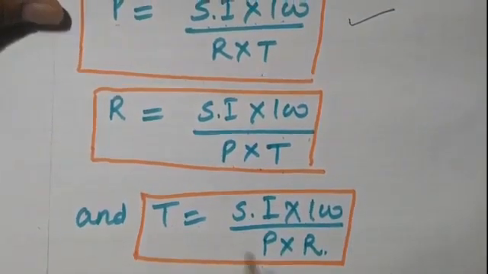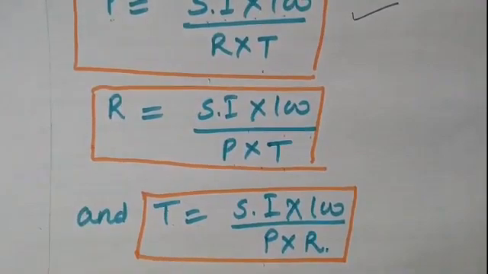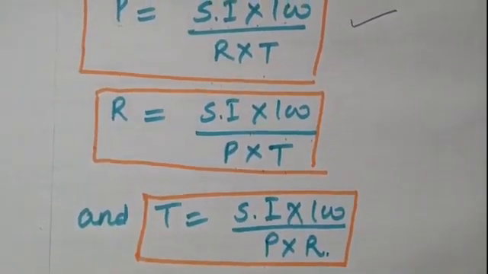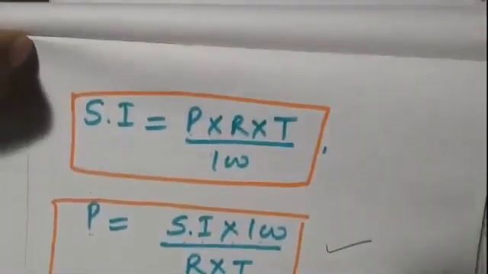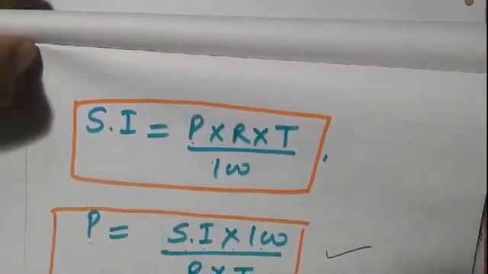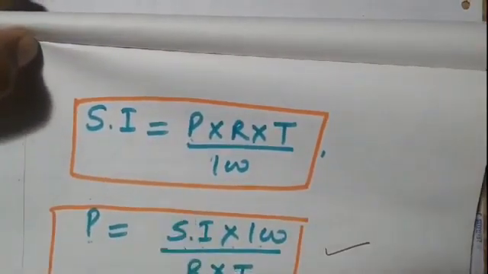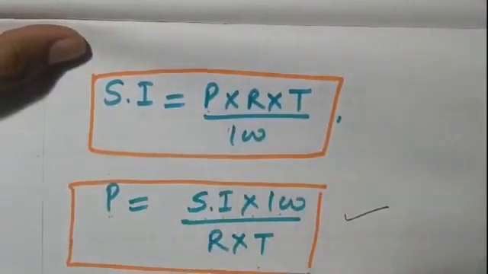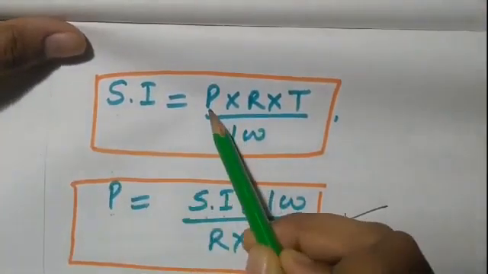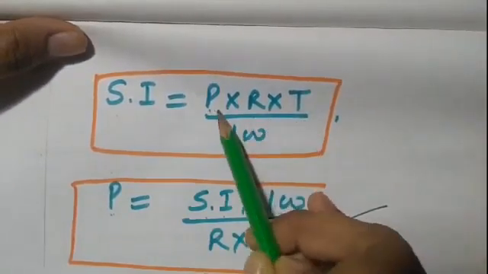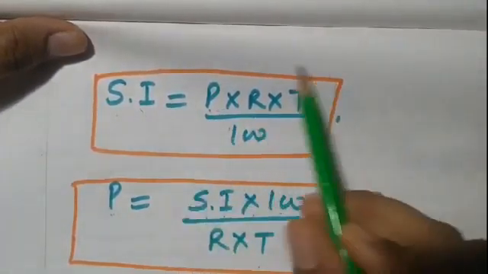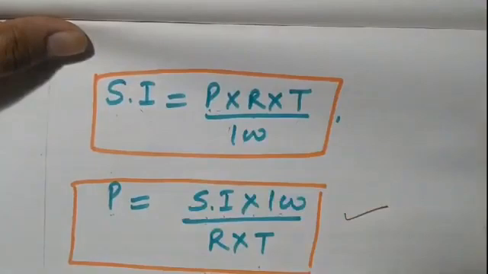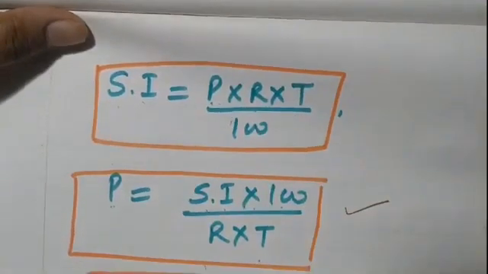So if any three of the quantities are given, you can find the fourth quantity, because the formula for simple interest has four quantities: simple interest, P, R and T. If you have been given any three quantities, you can find the fourth one using these formulas.